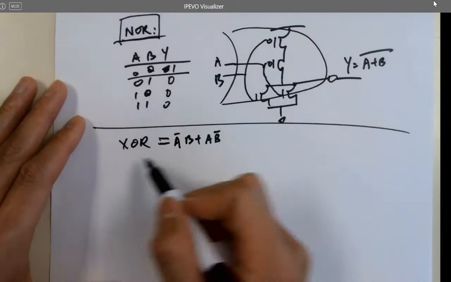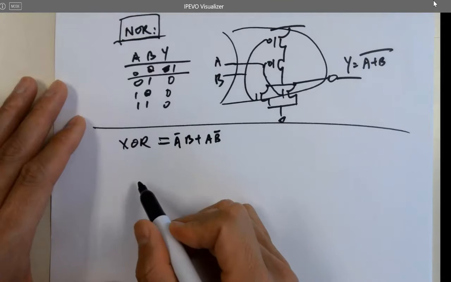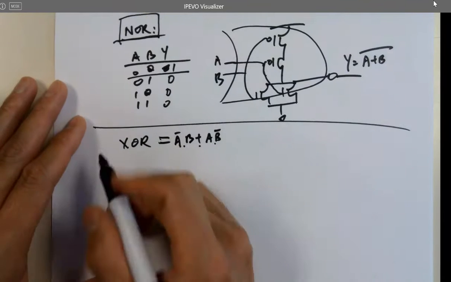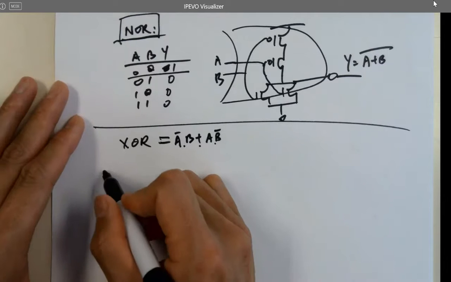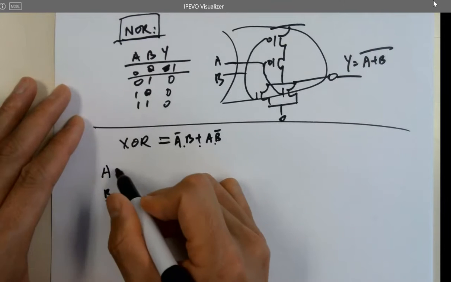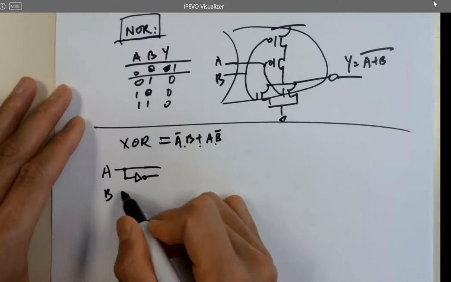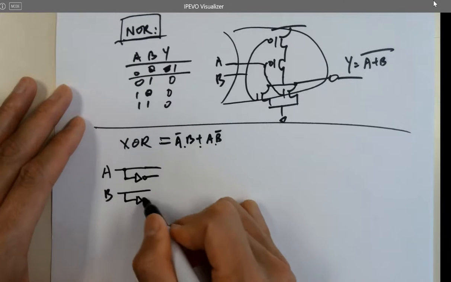So the first way to build the actual gate is just using gates: the AND gate, OR gate, and NOT gate. You have A, B. So this is A, this is A NOT. B, this is B NOT.